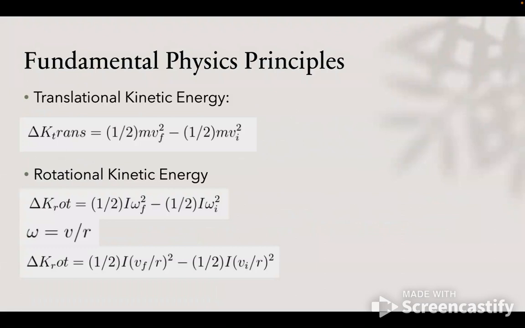But we can replace omega with velocity divided by radius. So the change in rotational kinetic energy we can rewrite as 1/2 I (final velocity over r) squared minus 1/2 I (initial velocity over r) squared.